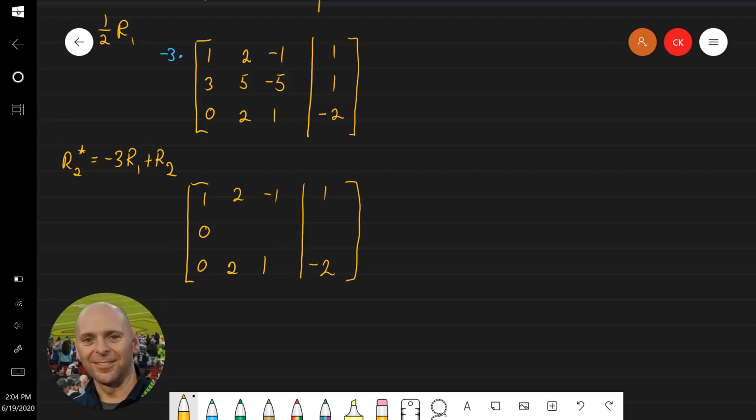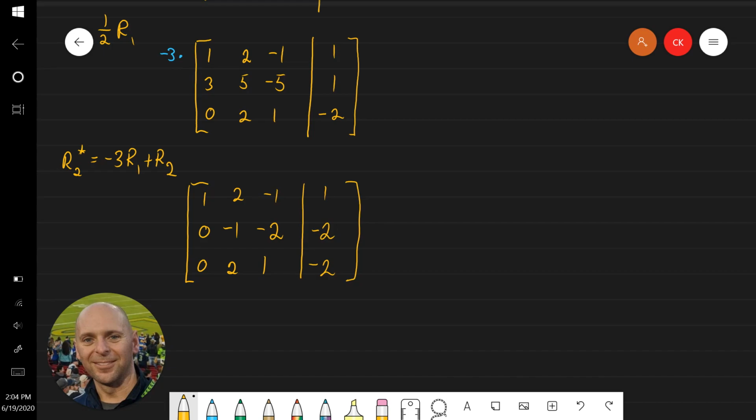So the second element here is negative 1. And again, negative 3 times negative 1 is positive 3, plus negative 5 is negative 2. And lastly, negative 3 times negative 1 is negative 3, plus the 1 is negative 2. So that now becomes our new second row.